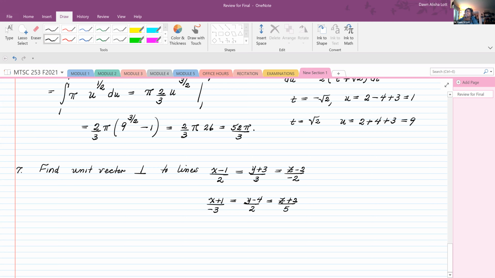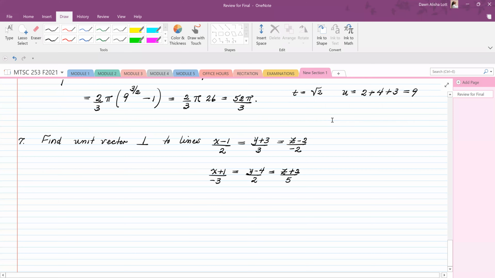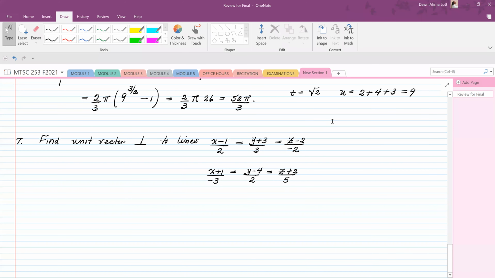All right, so it's perpendicular to both of those lines, right? Yes. Okay, so how do you get a vector that's perpendicular to two other vectors? Doesn't the dot product have to be 0, or is it the cross product? It's the cross product.